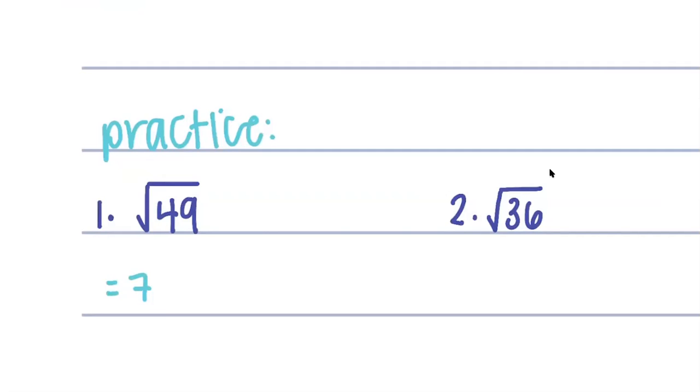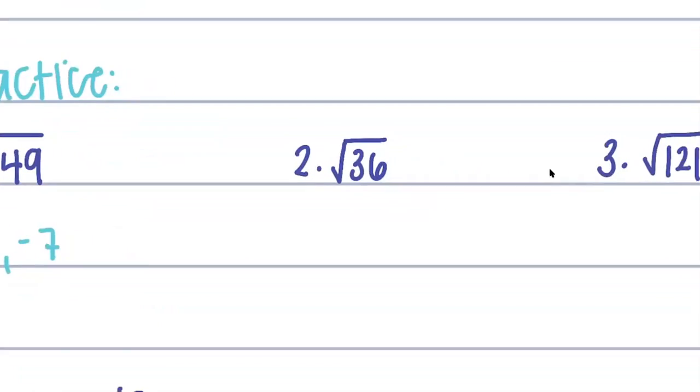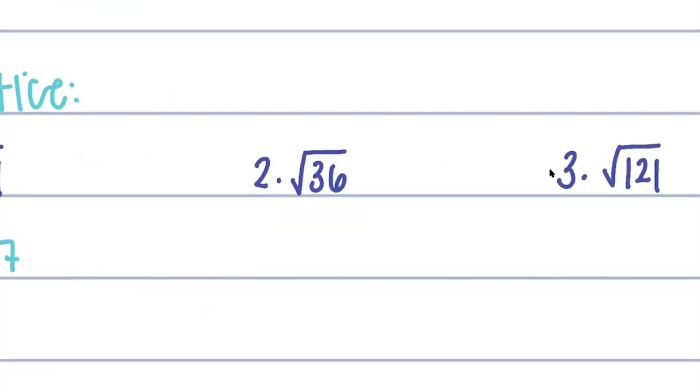-7. Yes, good job. Okay, Justin, go ahead. 6 times 6 is 36, so the square root of 36 is 6 and -6.